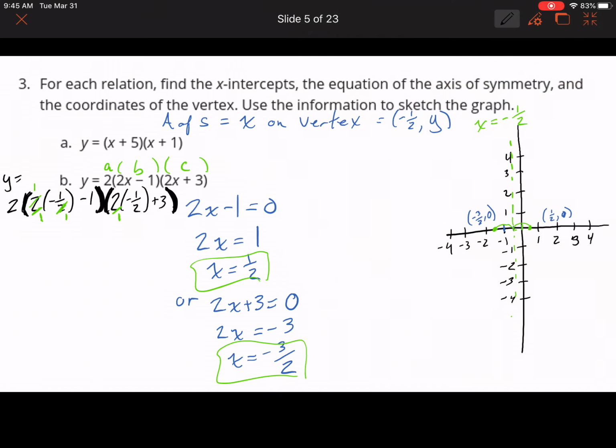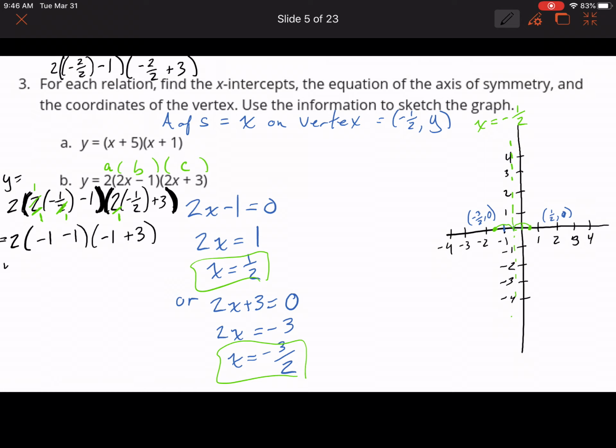Either way, we are ending up with negative 1 minus 1 and negative 1 plus 3. So you can fill in that extra step if you want and have negative 2 over 2 minus 1 and negative 2 over 2 plus 3.